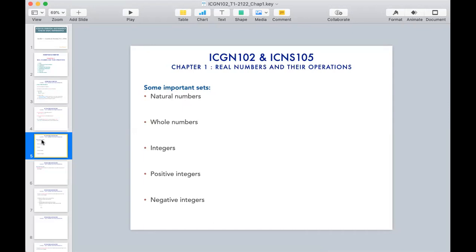Okay. Now, when we talk about sets, the important sets that you have to know in this class are various sets that you normally use in everyday life. Firstly, the set of natural numbers are the numbers that start with one, two, three, and so on.